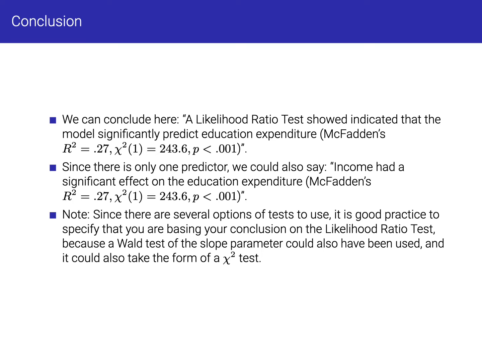Wald tests perhaps a little less frequently, but in SPSS they do. So if you use a chi-square test, it is generally preferable to be clear about what test you used, whether a likelihood ratio test or a Wald test. And it is usually preferable to use a likelihood ratio test.